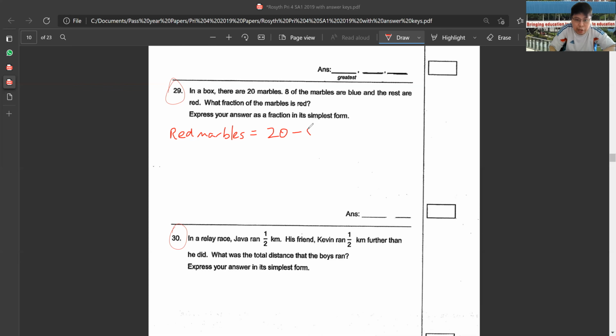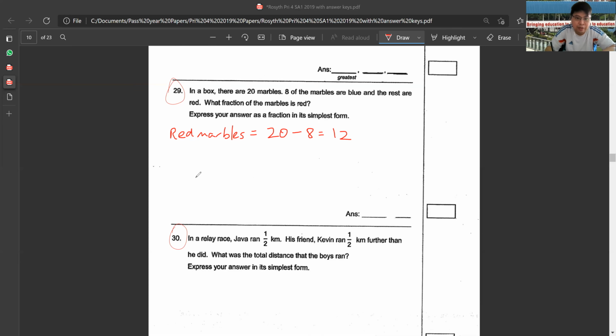Very good. 20 minus 8 equals 12. So there are 12 red marbles, 20 marbles altogether.